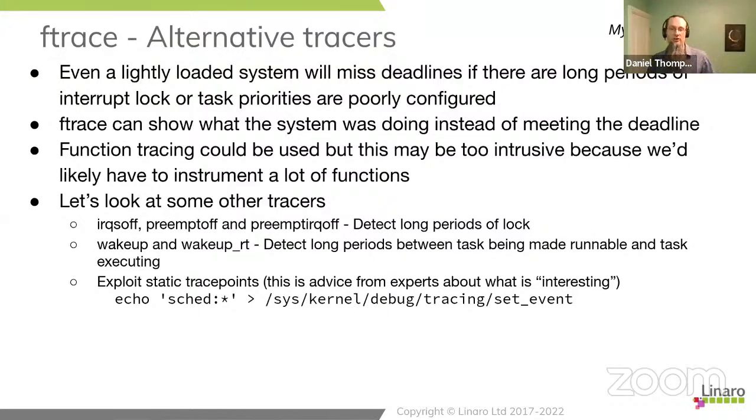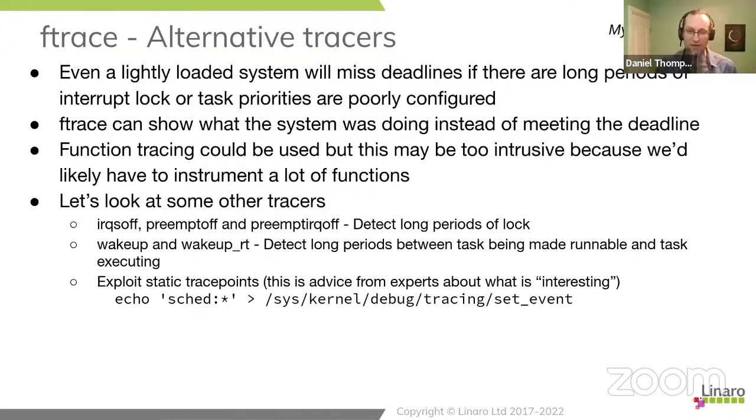So we could look at static trace points, and static trace points I think you should regard as advice from kernel maintainers and developers about what is interesting in that particular code base. So for example, if you want to learn how I2C works, go and turn on the I2C trace points on your laptop and then touch your touchscreen, and you will see lots and lots of activity on the I2C bus as your I2C touchscreen does things.